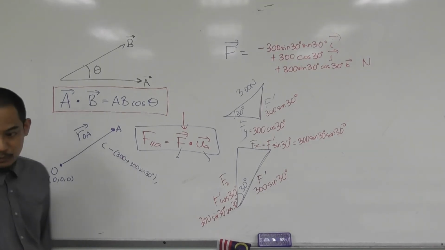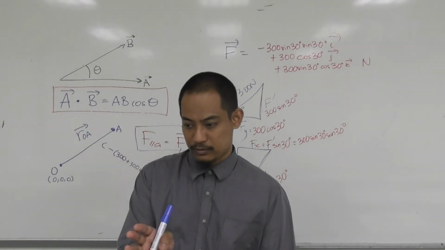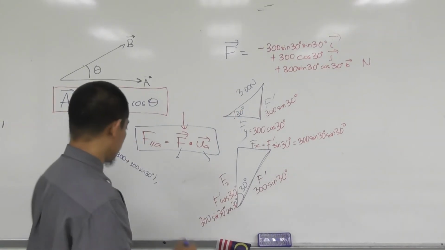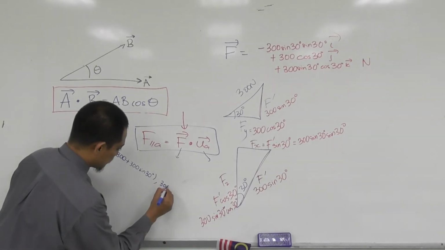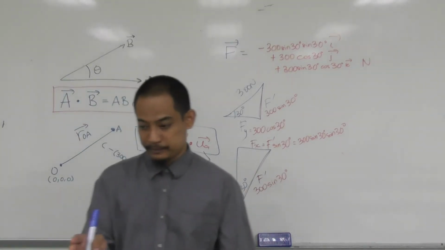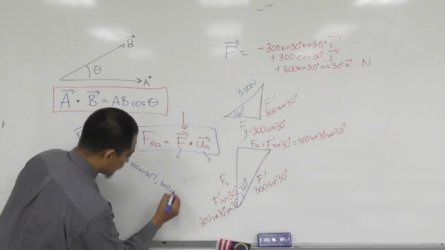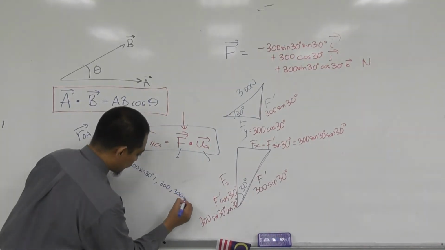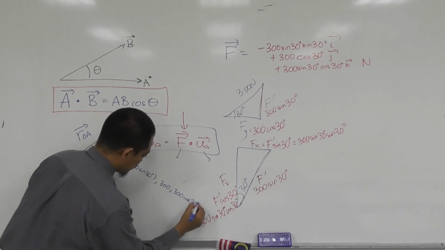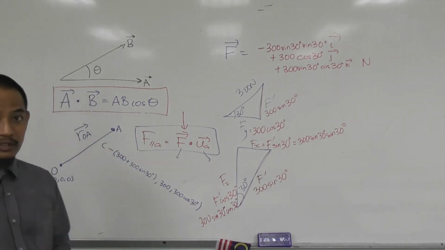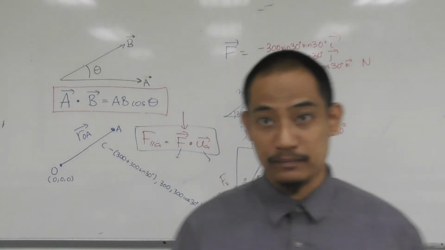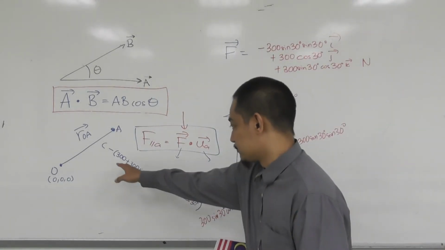Okay. Y is 300. Z is 300 cos 30. 300 cos 30 degrees. Okay, anyone have any problem to get that? To get this coordinate?